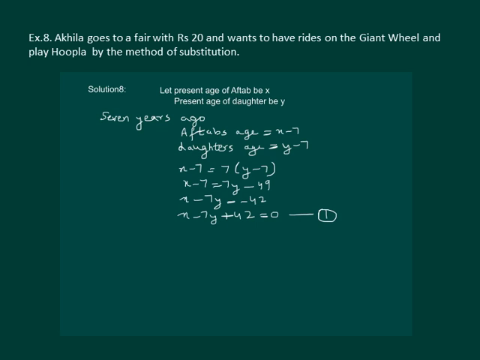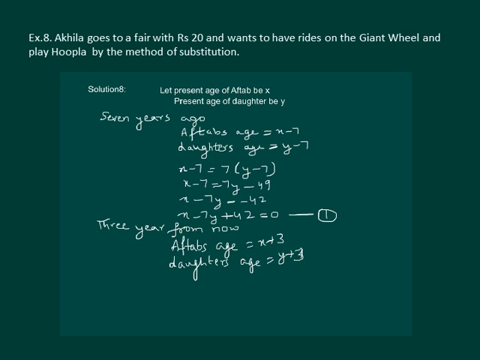Next condition is 3 years from now. That would mean there is some condition after 3 years between the age of Aftab and his daughter. After 3 years, Aftab's age will be x plus 3, while his daughter's age will be y plus 3, and the condition is that I shall be 3 times as old as you will be.